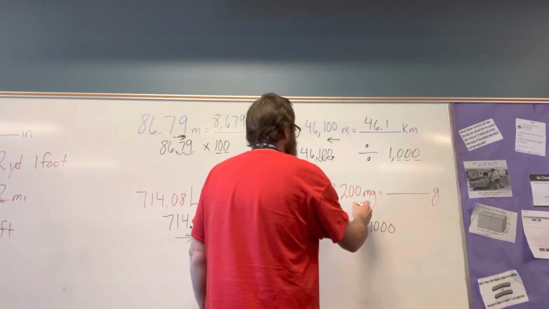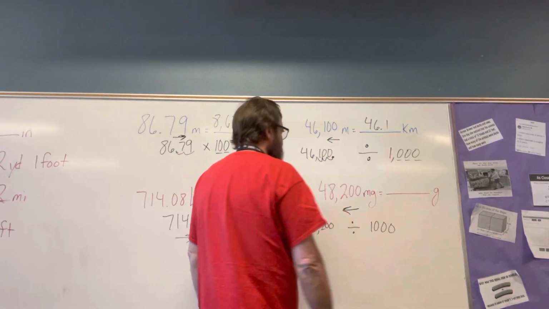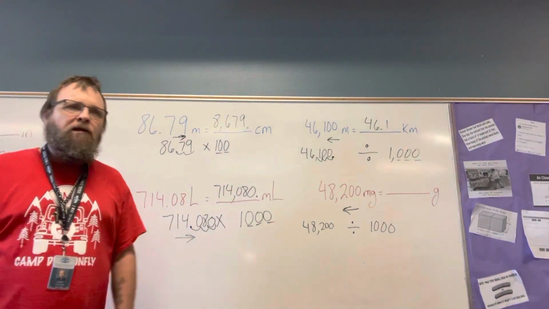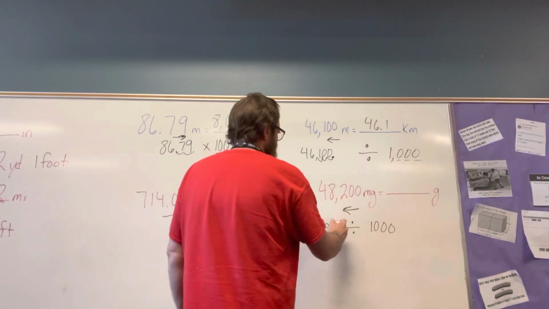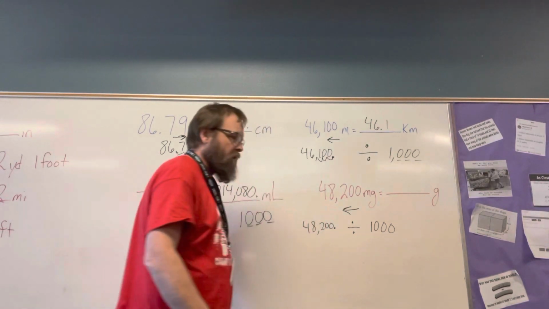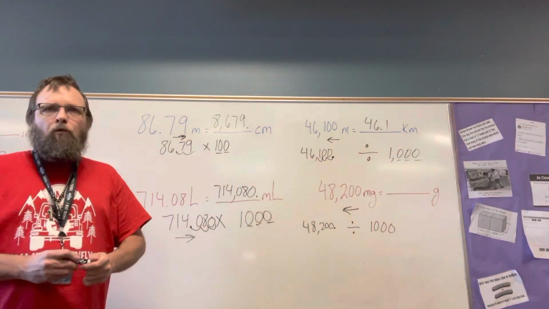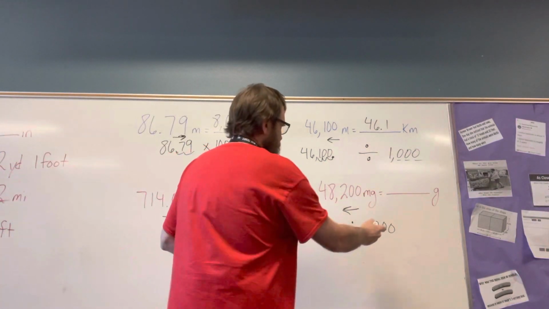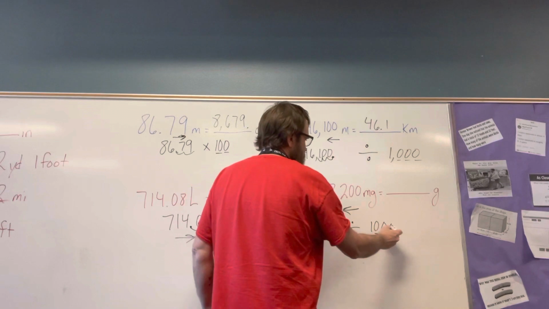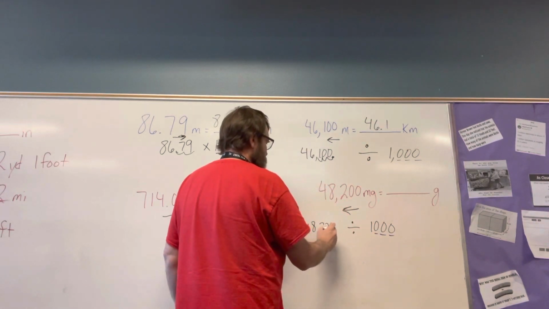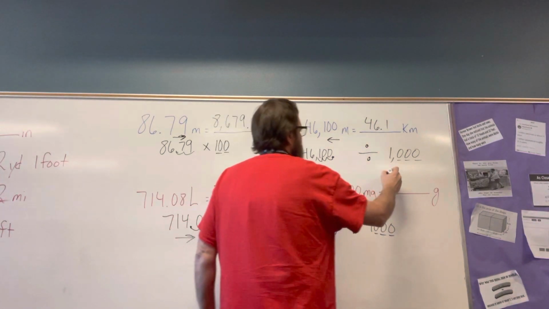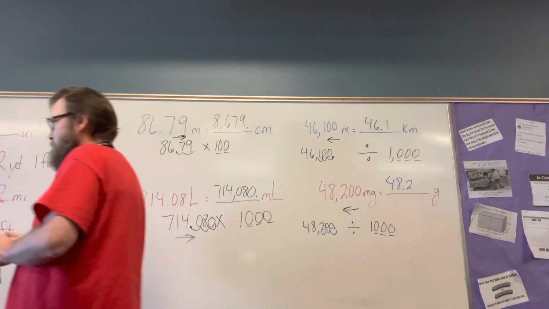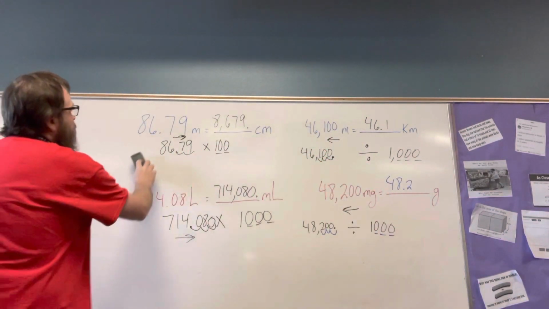My decimal point's going to move that way, so I make the number smaller. If I move it the other way, it makes my number bigger. My decimal point's behind the ones place. Always, even if it's not written, it's there behind the ones place. I need to move it 3 places to the left. 1, 2, 3. So my answer would be 48 and 2/10.